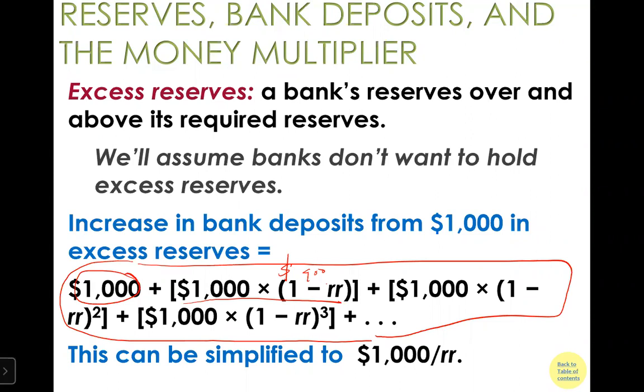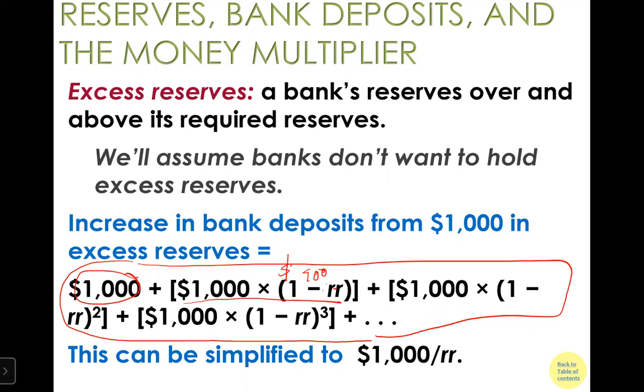And who took the loan? In the example, Maya. Maya took a loan of 900, and she withdrew the cash of 900. So the money supply increased from 1,000 to 1,000 plus 900. But with this 900, she paid off the debt she owed to Anne.